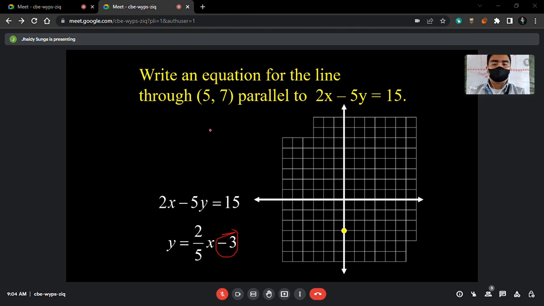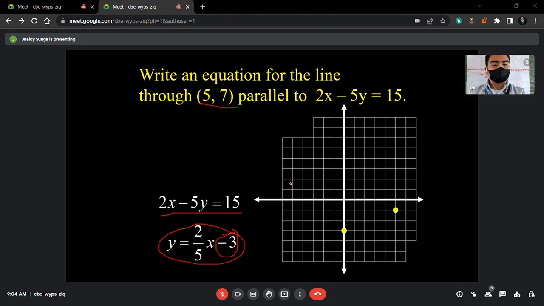For example, this is your equation, or linear equation. This is your point. Now you have your equation, so what we're going to do is to plot the -3, because that is your y-intercept, and plot the other point. Why does it become like this?